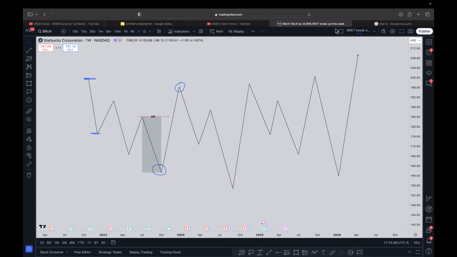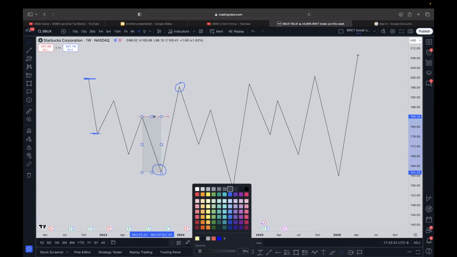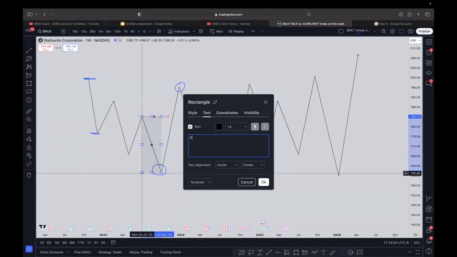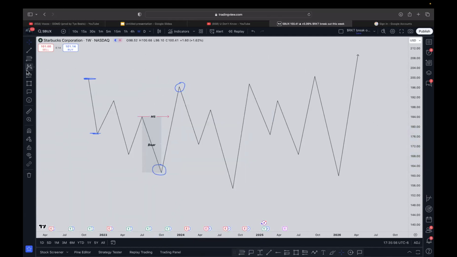Yep, bearish range. So what does the break of this red line here mean? This one.